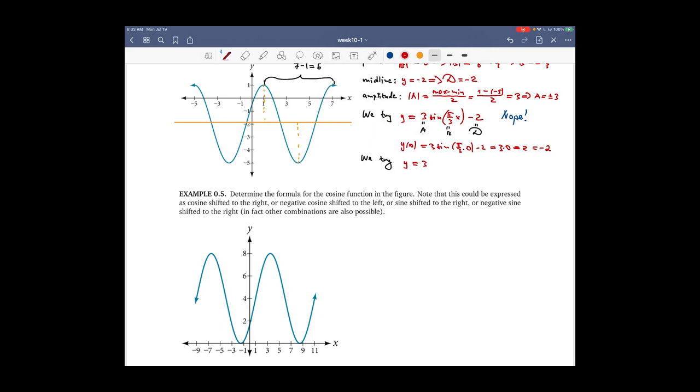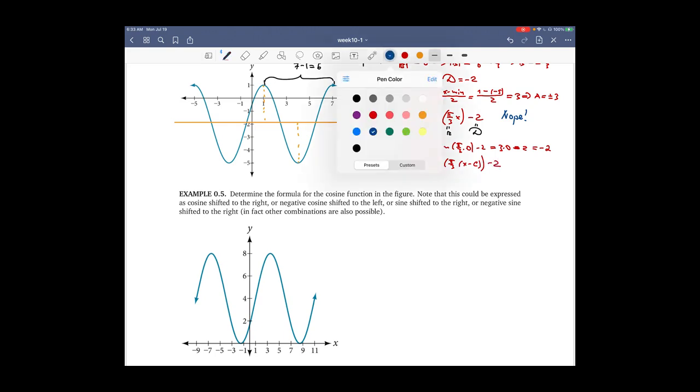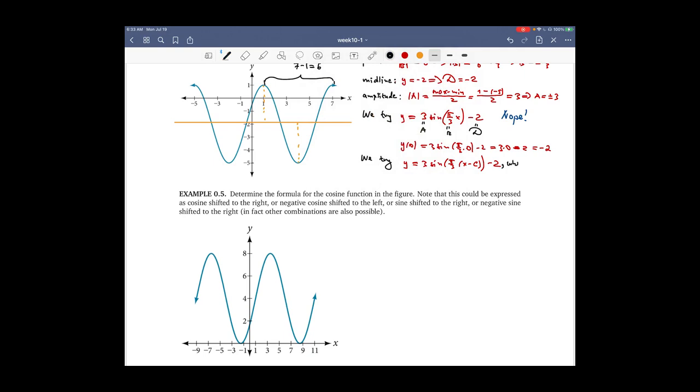A is still 3, B is still pi over 3. And now instead of 0 shift, I will try a shift of C, where C is to be found.